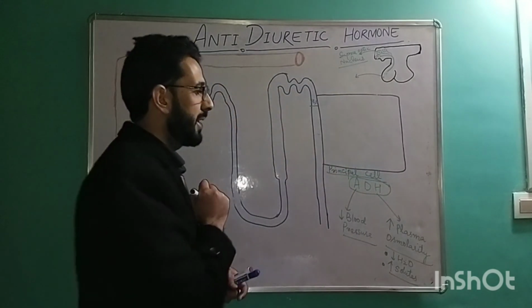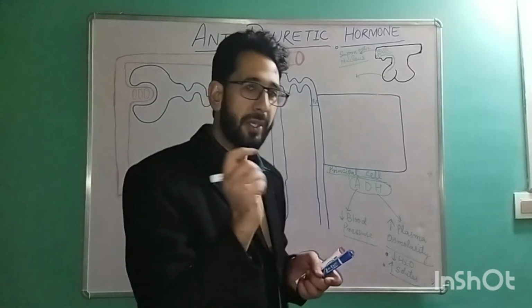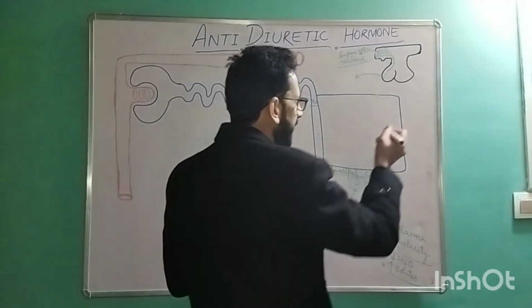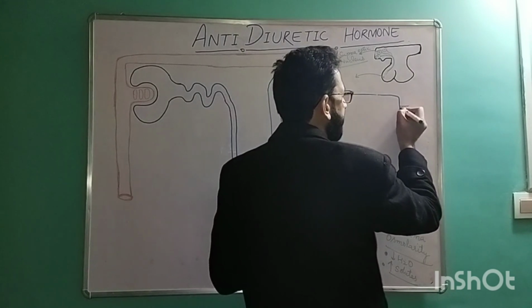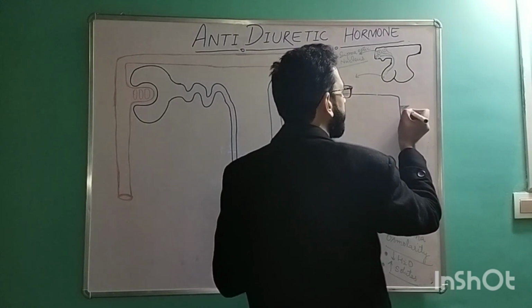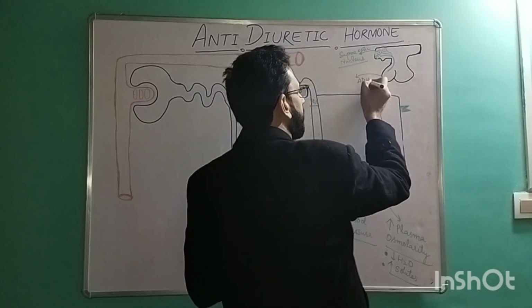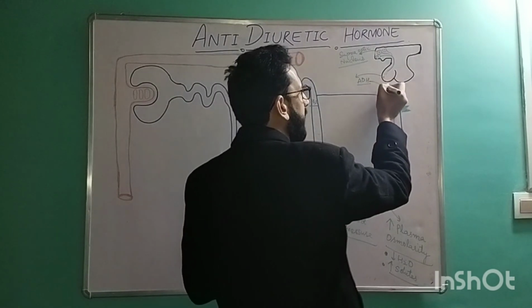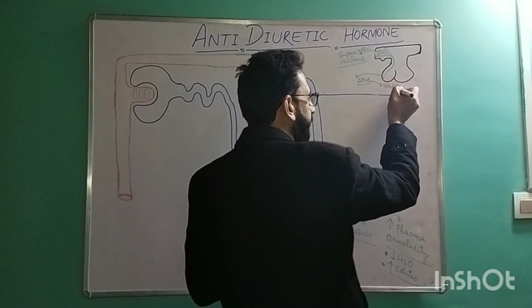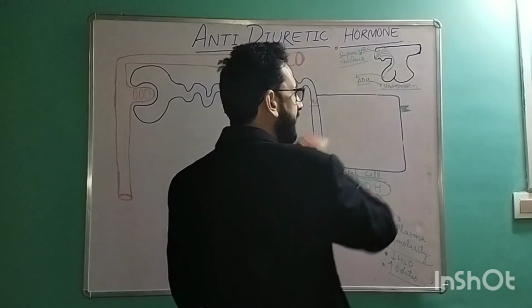This principal cell is one of the cells present in the collecting duct. This principal cell has a special receptor, and this receptor is specially for the antidiuretic hormone, which is also called vasopressin.